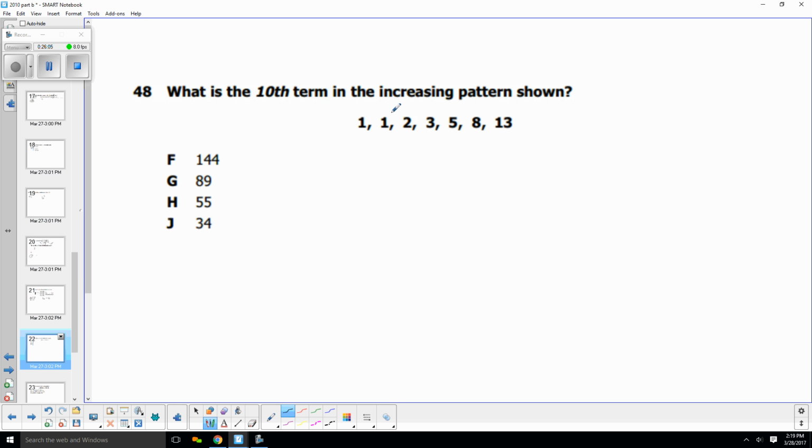48. What is the 10th term in the increasing pattern? Well, what's this pattern? What is it? Fibonacci. Okay, which means what? You add the previous two numbers, like 1 plus 1 equals 2, 1 plus 2 equals 3. And it goes on. Okay, so how am I going to get the next number? You add the two before it. What's the next number?